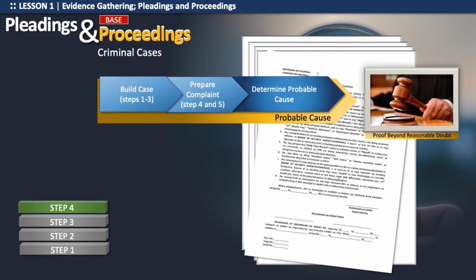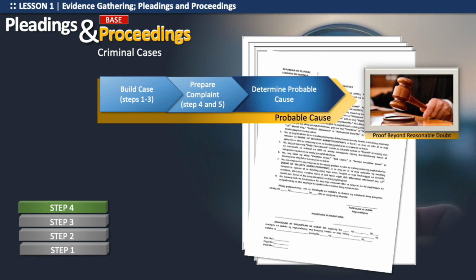Probable cause, like we said, is only probability or likelihood, and it's just based on well-founded belief. To reach the proof beyond reasonable doubt quantum, there has to be actual, additional, strong, probative evidence with ample probative weight to reach that moral certainty. So there's that big gap.